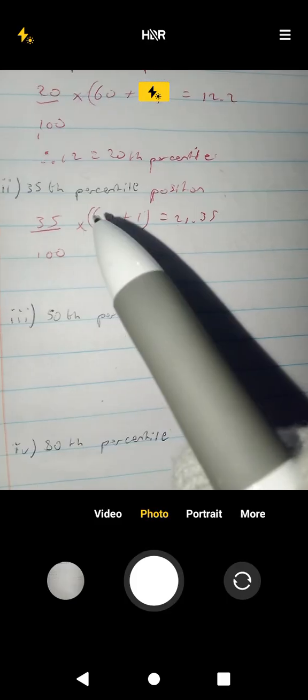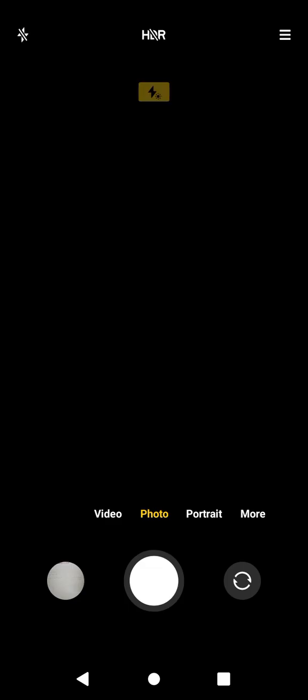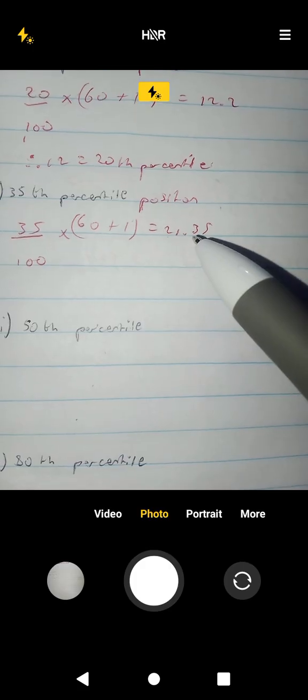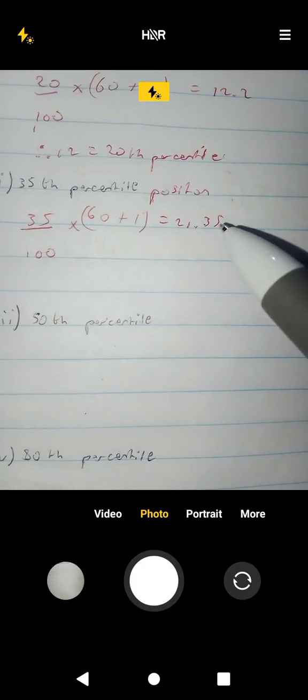Okay, the 35th percentile position, we've calculated it as 35 over 100 times n plus 1, which is 35 over 100 times 60 plus 1, which is in the 21.35 position.